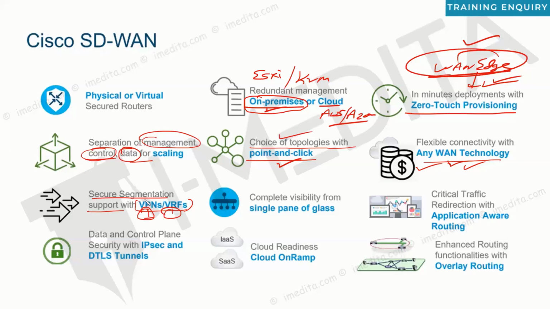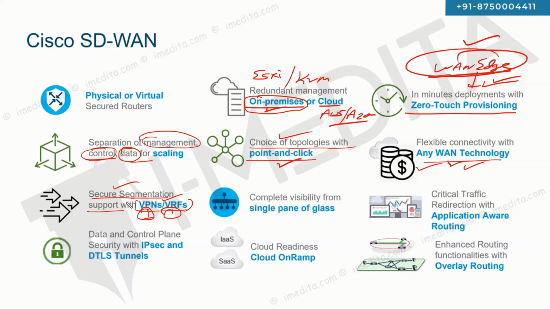Without using VRFs or VPNs, you cannot deploy SD-WAN. In SD-WAN, creating VPNs or VRFs is mandatory. So secure segmentation is supported there, which means for each department, you can have a different VRF or VPN. And by default, no routes will move from one department to another, which means from one VPN to another VPN, or you call it VRF.